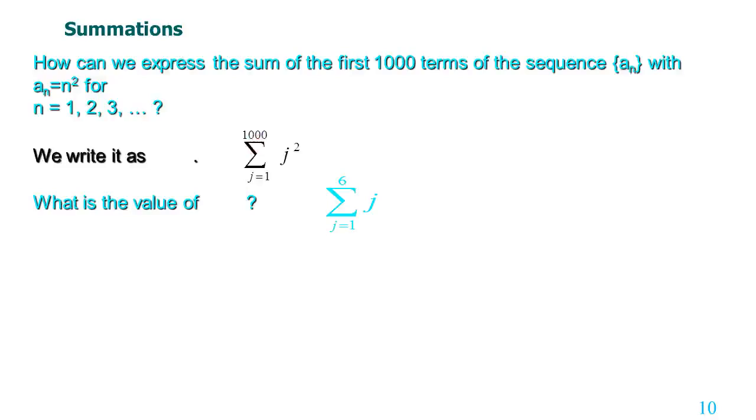What is the value of the summation of the sequence, that is the series, which is represented by the symbol sum of j from j equals 1 to 6? That means we have to find the summation of all terms from 1 to 6. That means 1 plus 2 plus 3 plus 4 plus 5 plus 6 is equal to 21.